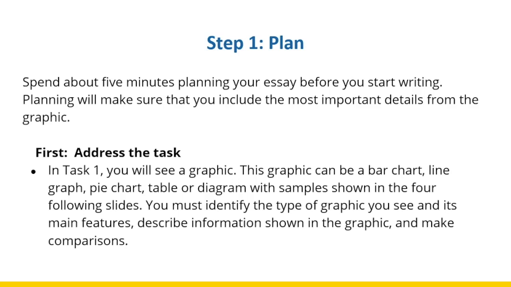So identify what type of graphic you have, then try to analyze what kind of changes happened in the graphic, and after that begin writing. So I'll be teaching you how to make a plan and how to create your outline, and then how to write every single paragraph of the essay. But you should keep in mind that you need to use at least 5 minutes for this process for your step 1.